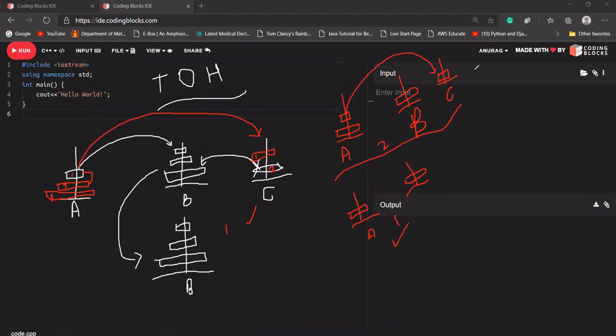And the disk that is left with us, we can now transfer to B. For two disks we already have this algorithm, so the same procedure will follow in this case.